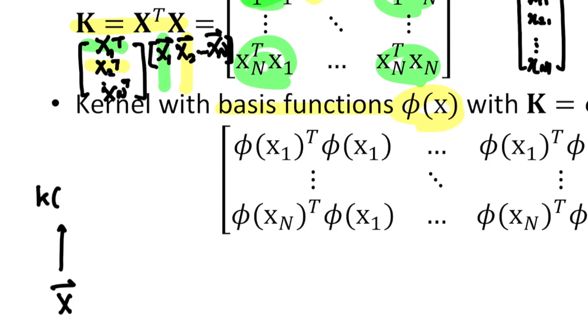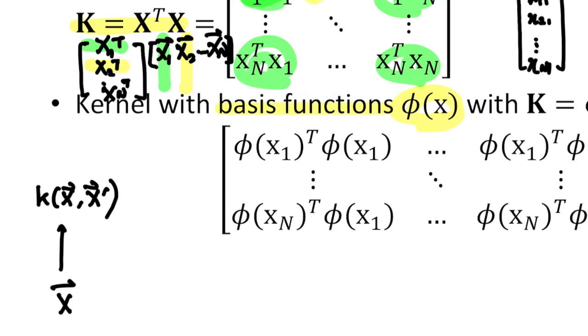But if we just compute this inner product in the kernel matrix, it might have some limitation in modeling the nonlinear mapping relationship in the training data set.